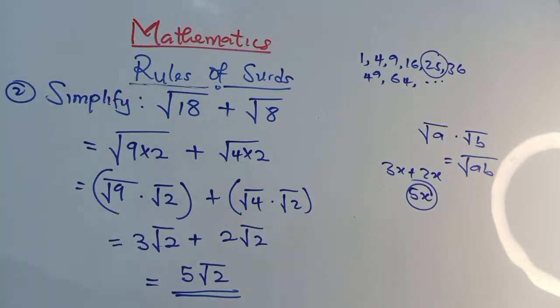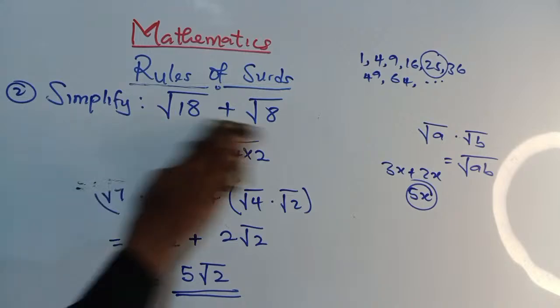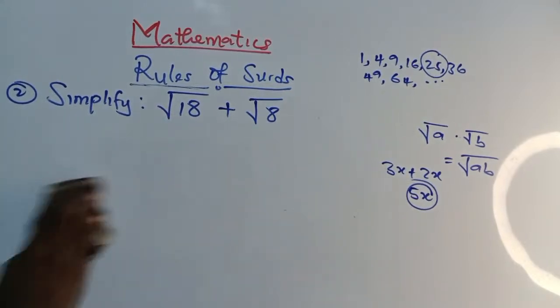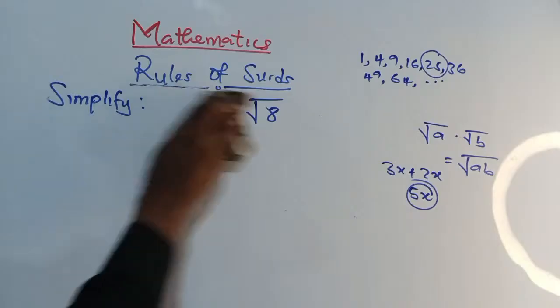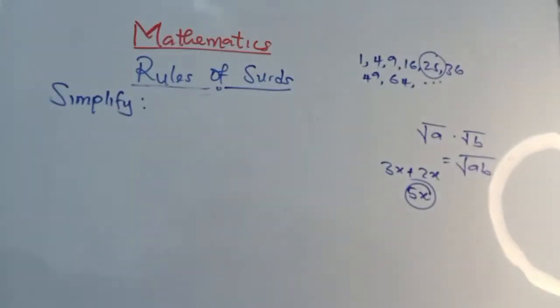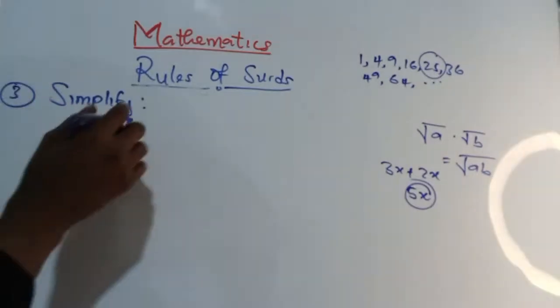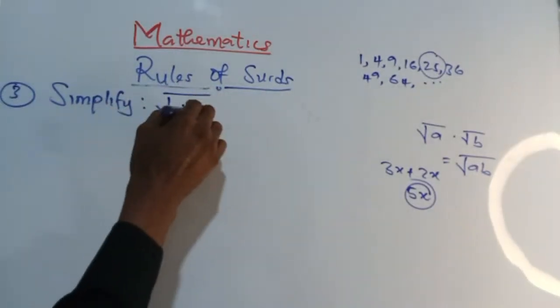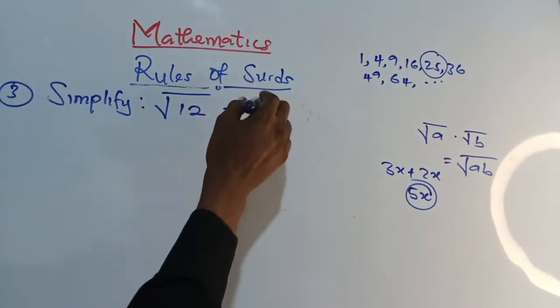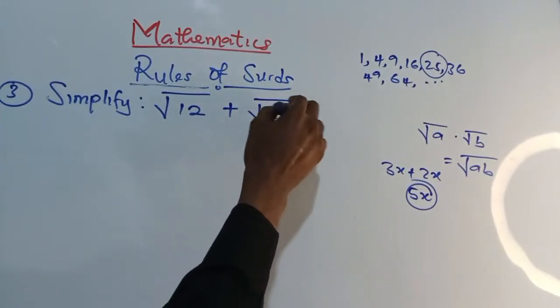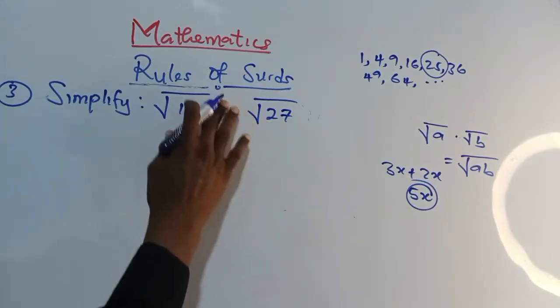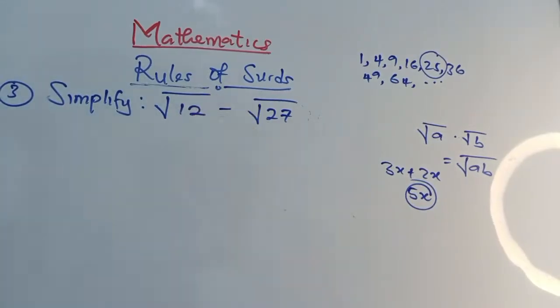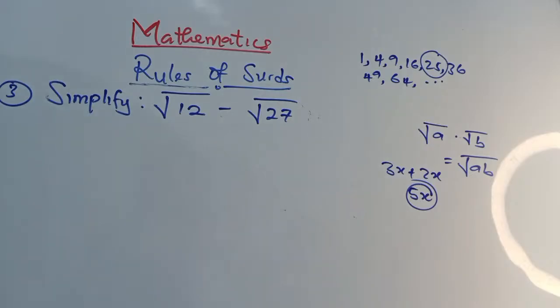This third one says we should simplify root 12 minus root 27.